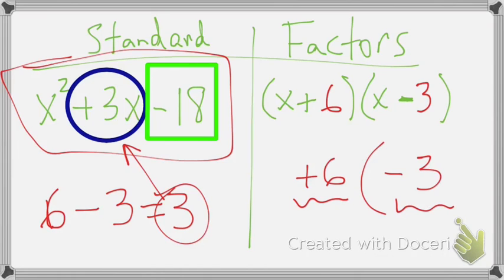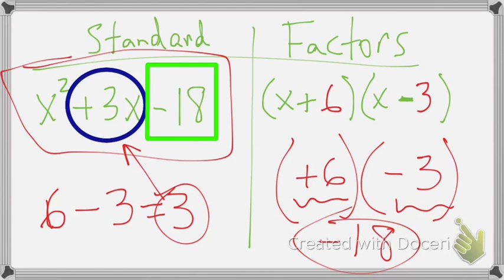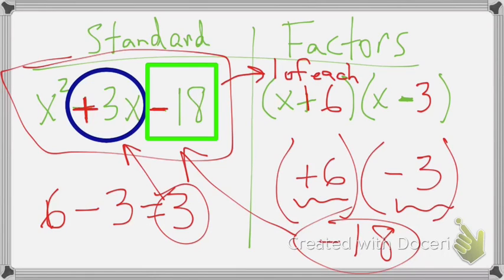And if we multiply those two together, a positive 6 and the negative 3, that gives us our negative 18 for the end. So long story short, if this first sign is positive and the last one is negative, then you're going to have one of each in your answer. One of them is going to be a positive, one of them is going to be a negative.